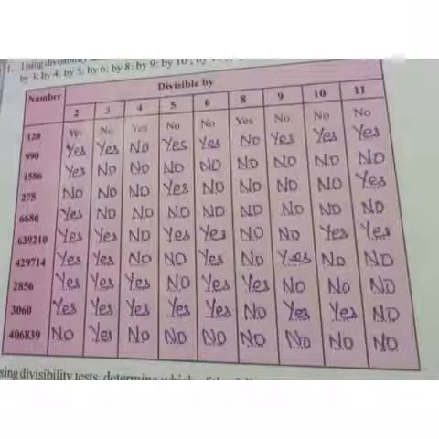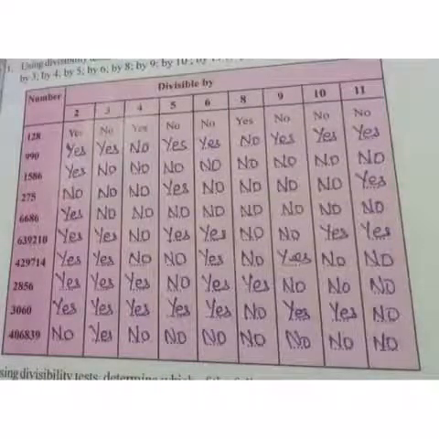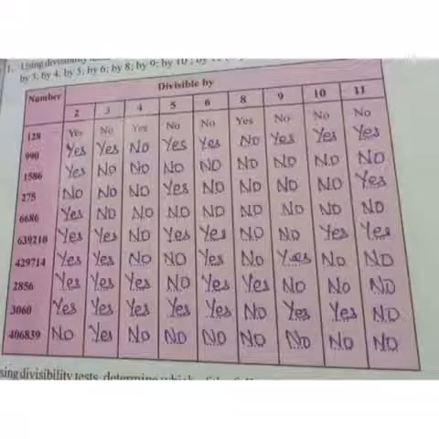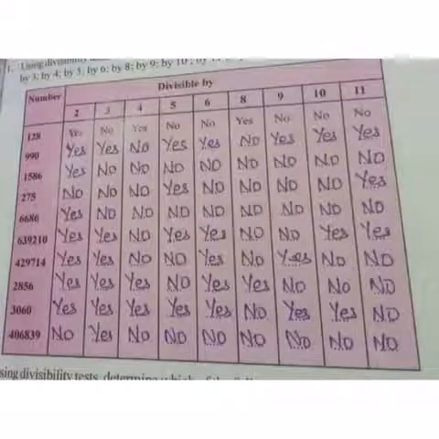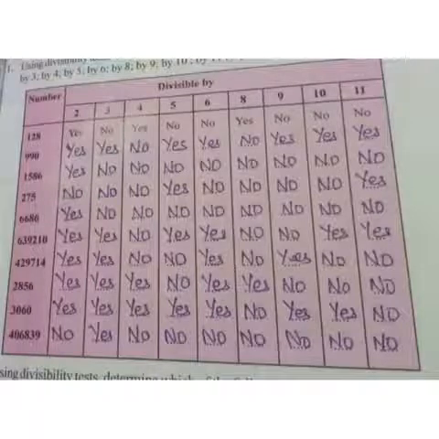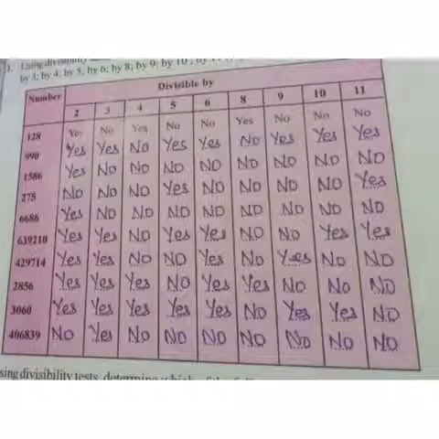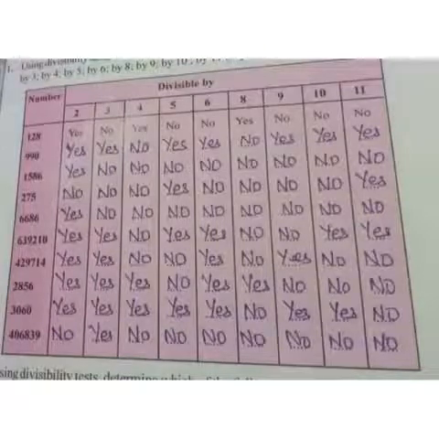Then 6, also it is divisible by 6 because it is divisible by 2 and 3 both. Then 8, no, it is not divisible by 8. Then 9, also it is divisible because 9 plus 9, 18, and 18 is a multiple of 9. Then 10, because 0 is at ones place, it is divisible by 10 also.